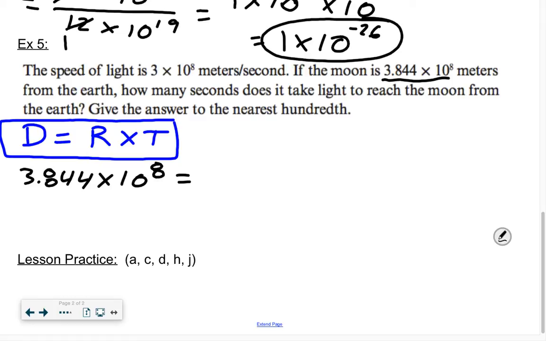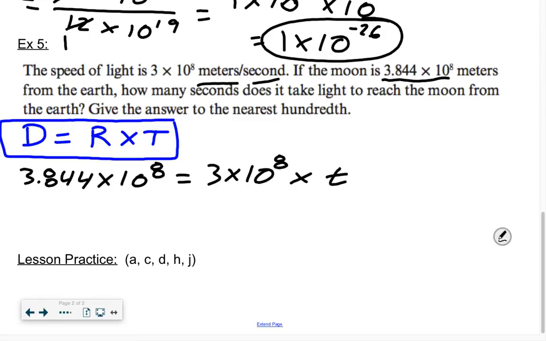That is your rate. Comparison of 2 units. There's your key. And what we are solving for is that amount of time that it's going to take for it to reach the Earth. Or the moon, sorry.